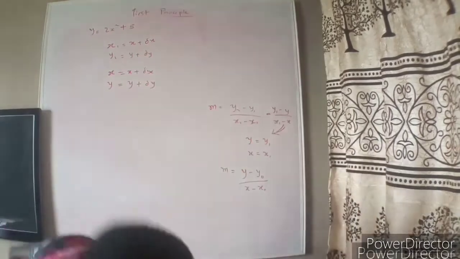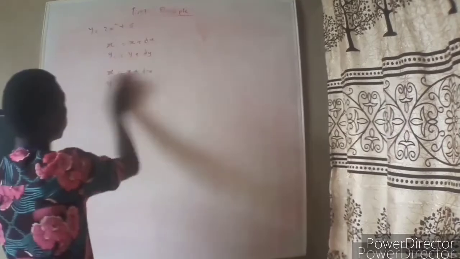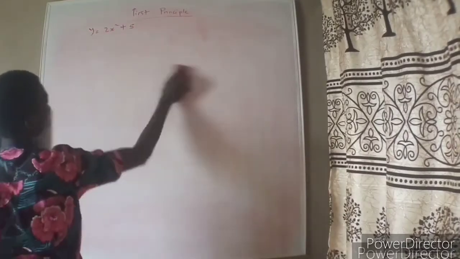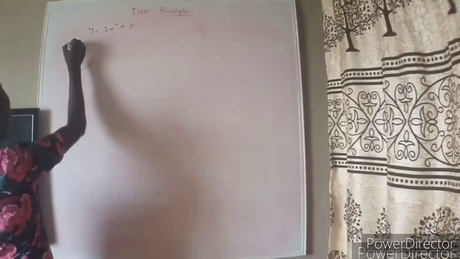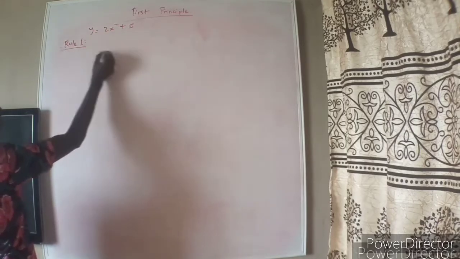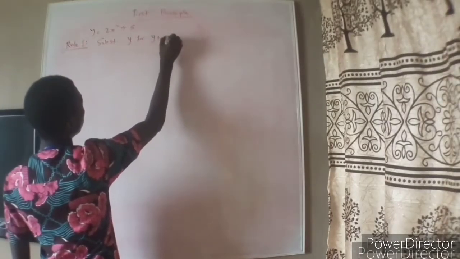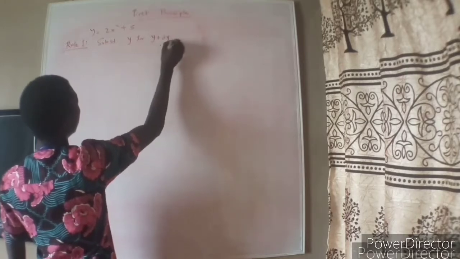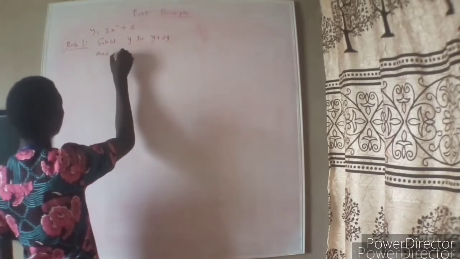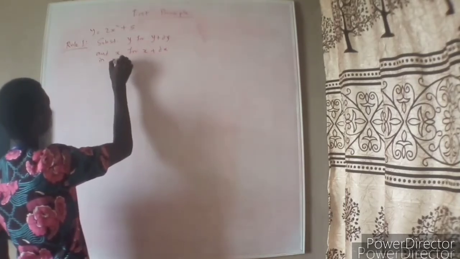Now there are actually rules for solving using first principle. If you can follow these rules diligently, the first principle becomes so easy for you to solve. So the first rule, number one: substitute y for y plus delta y and x for x plus delta x in the given function.